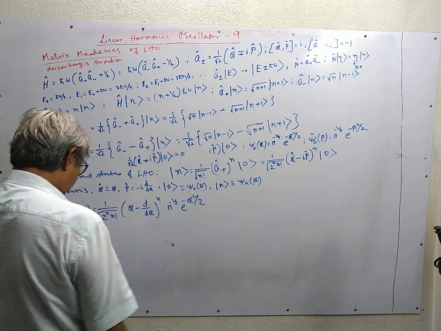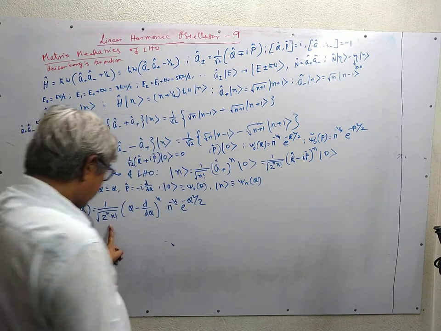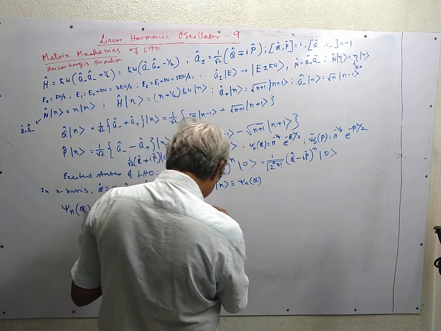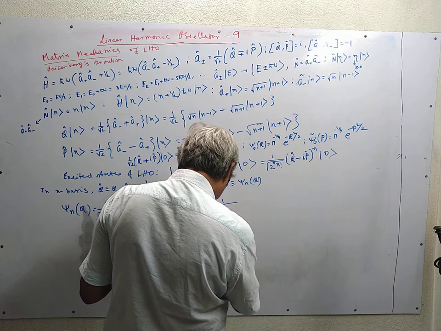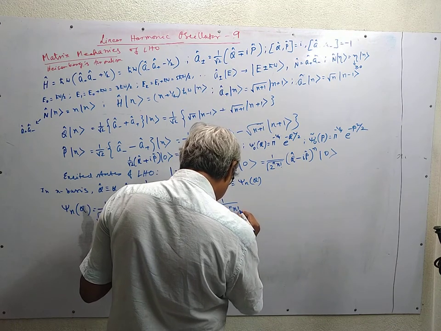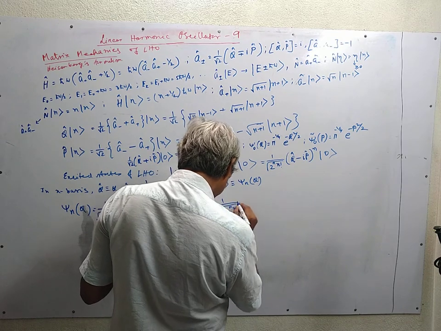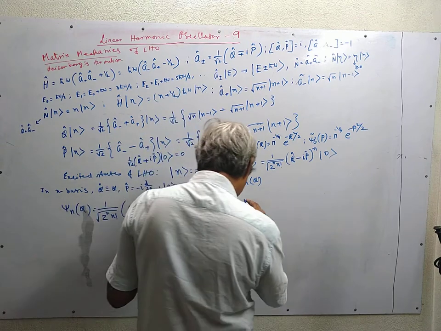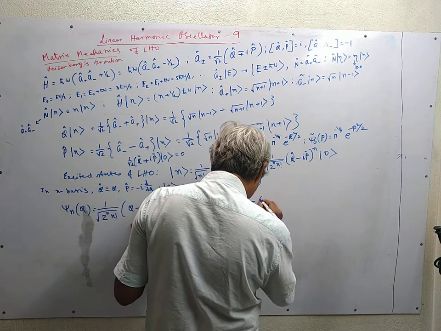This is for the ground state wave function. So if we take pi to the power minus 1/4, the factor is exactly as we have obtained there.